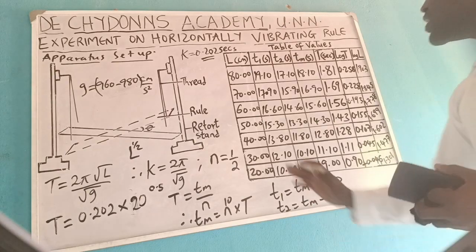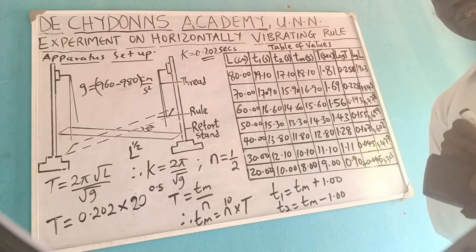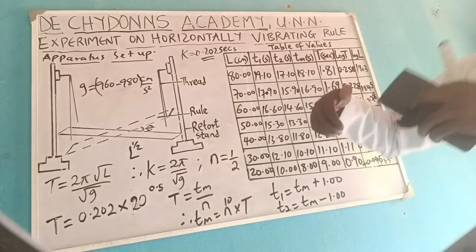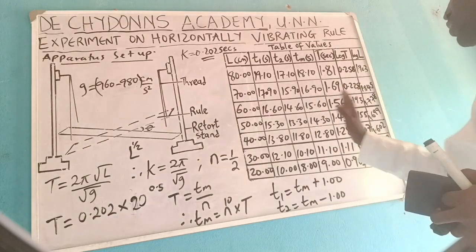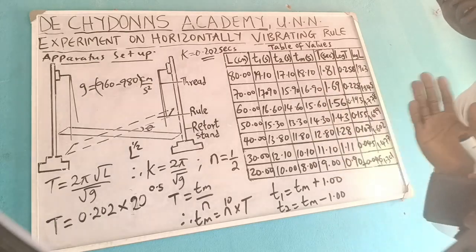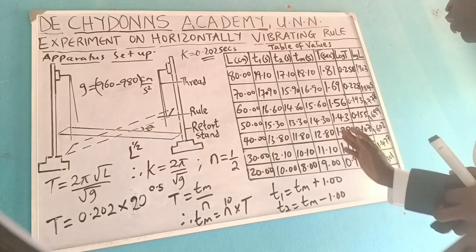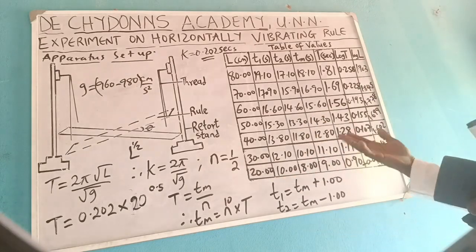So this is just how to get your table of values without looking at the procedure, performing it, and encountering 1001 errors. With this, you have gotten your table of values without touching apparatus. Let's go to the graphical aspect of this experiment. Remember we said this is just with the use of the formula method.